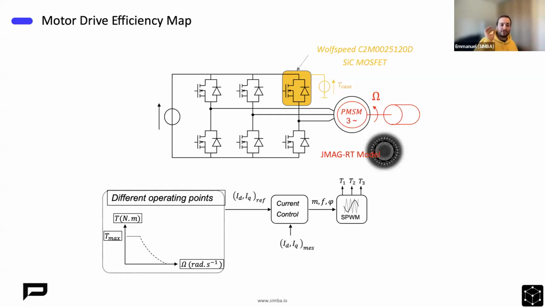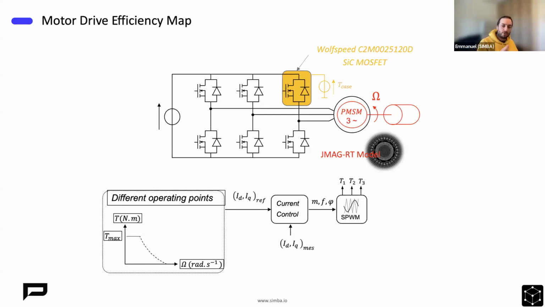But we don't want to do that for a single operating point, because when you have a motor drive, the actual current in your MOSFETs, both the frequency and the amplitude, are functions of the torque, the speed, the control strategy, and many other parameters.